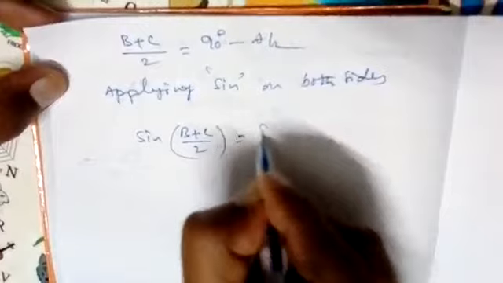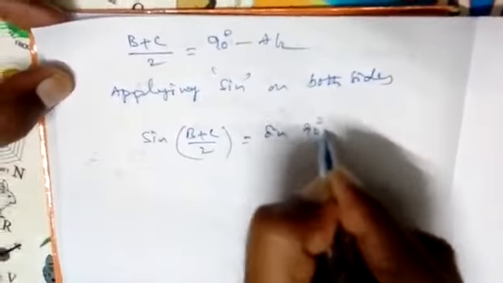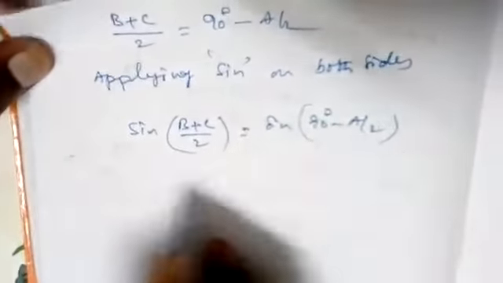So applying sine on both sides. So sin (B plus C) by 2 is equal to sin (90 minus A by 2).